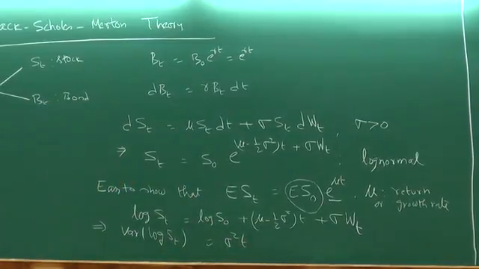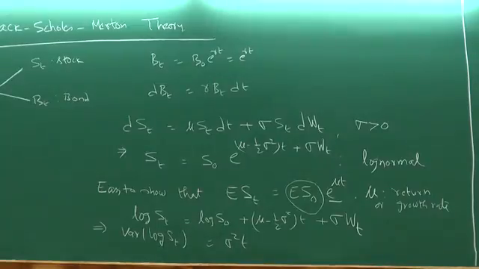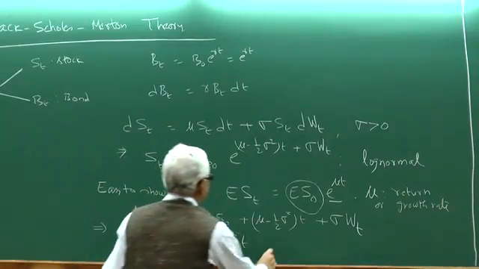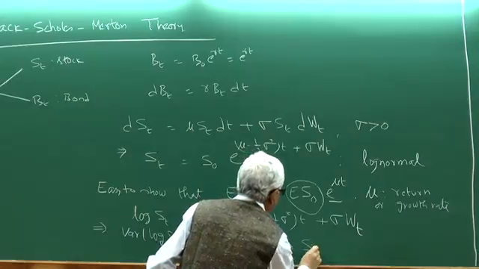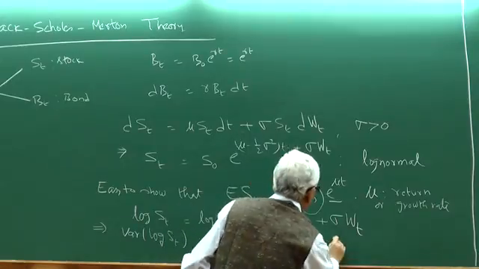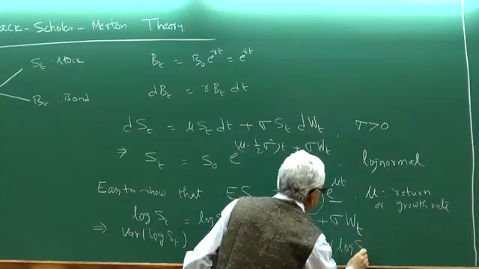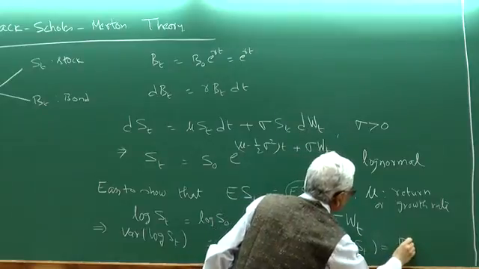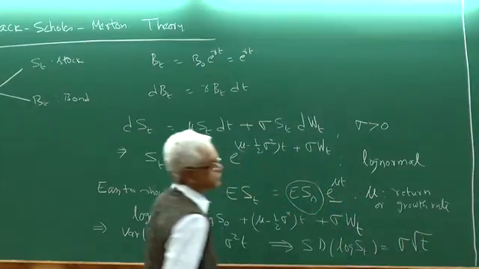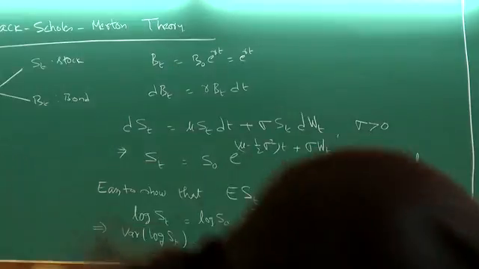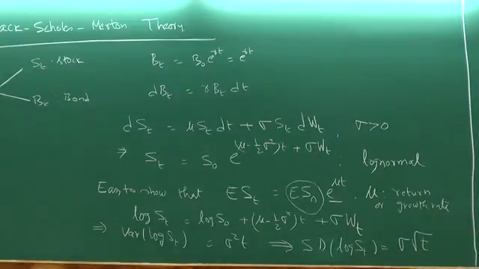So variance relates to the second moment. Let us come to the standard deviation. Therefore the standard deviation Sd of log St is equal to sigma times square root of T. So sigma is a very important parameter in this equation.